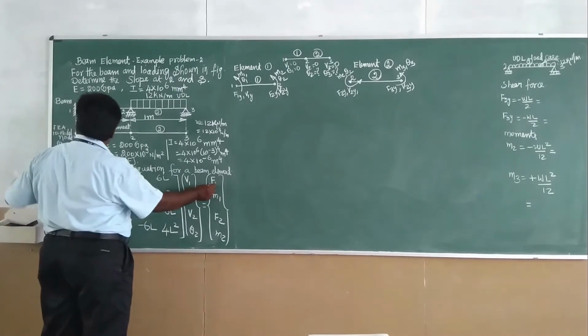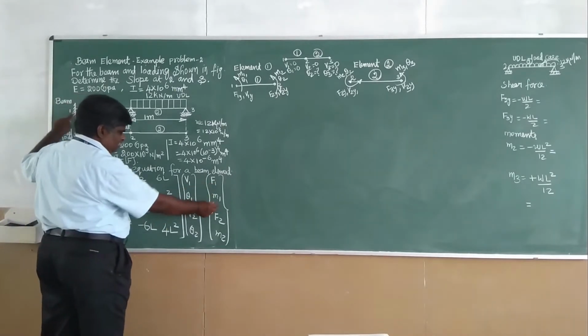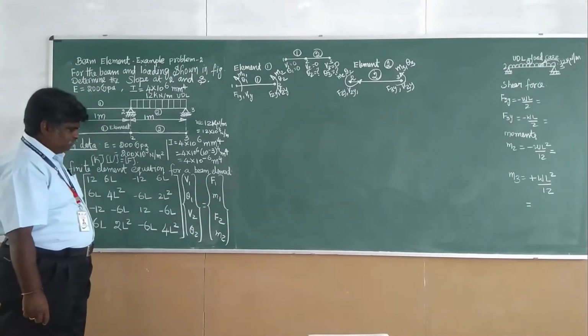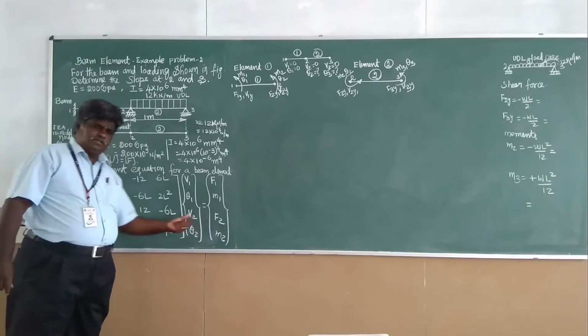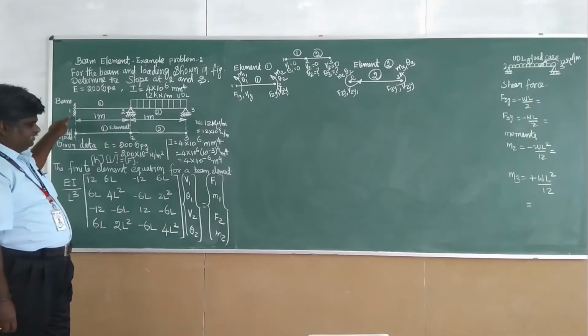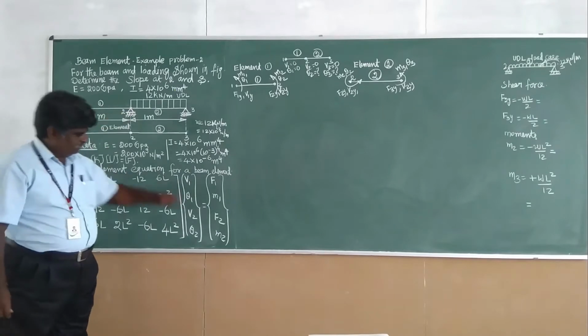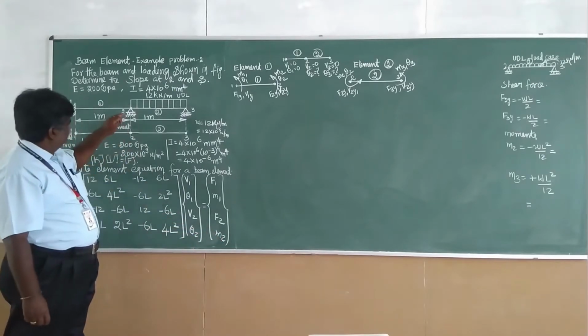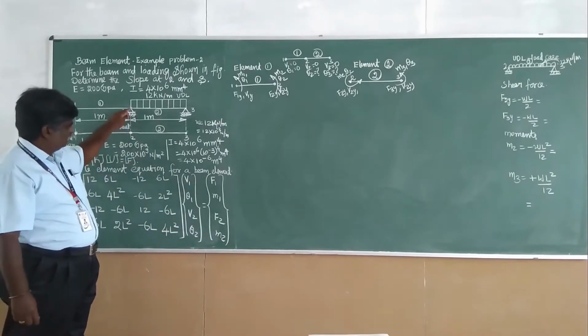Then F1 is the force and M1 the moment at nodal point 1. F2 is the force in the y direction at nodal point 2, then the moment at nodal point 2.